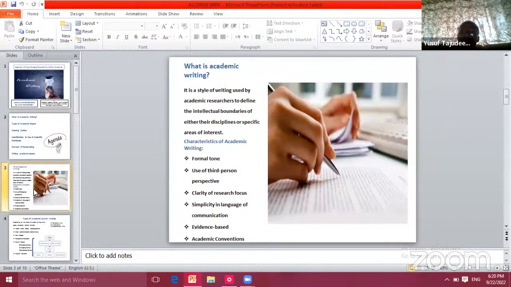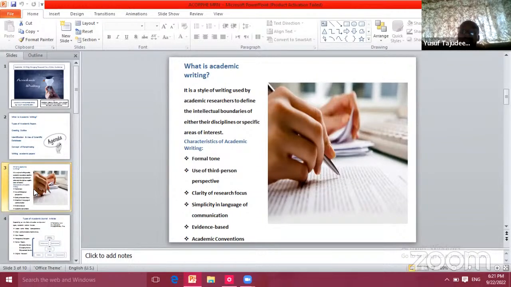It is evidence-based, so you need to write in a formal tone. For instance, in creative writing, you may use a word like wow. You may use slang like GOAT, which is known as greatest of all time. I think that is common these days. But when you are writing in science, you don't do that.